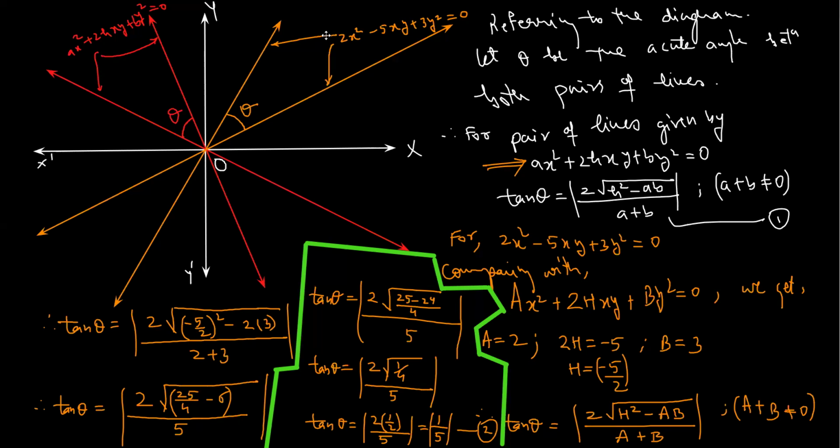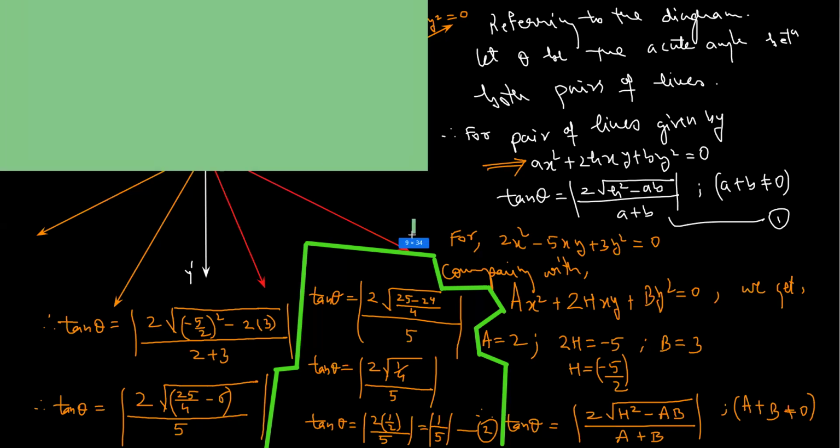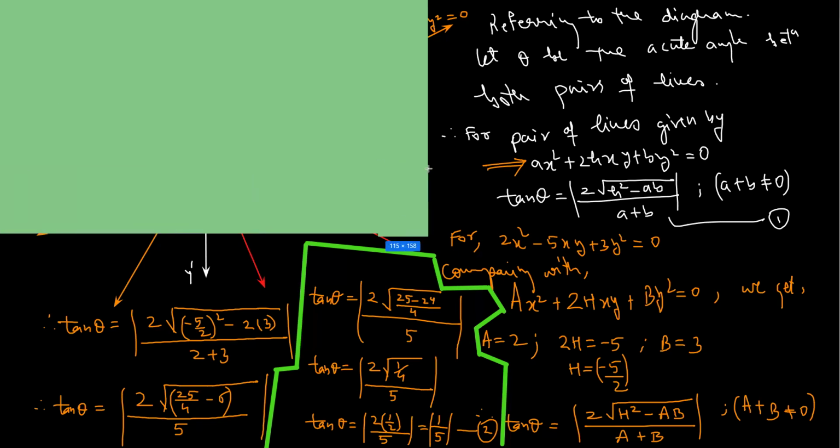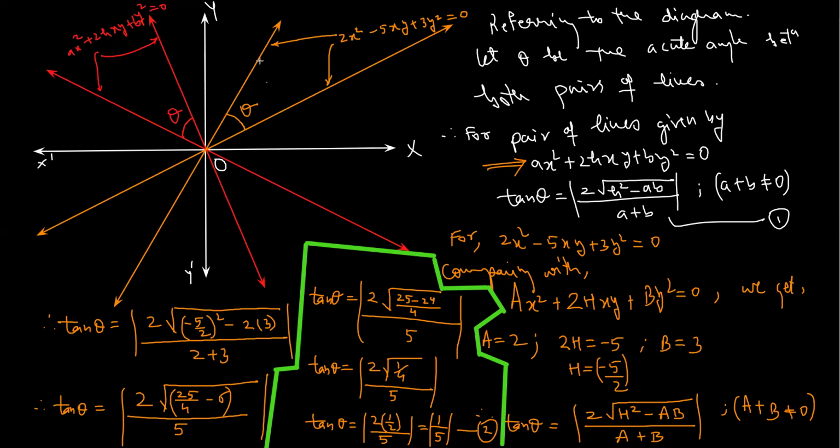So see here, students, after this, the next step is I write from 1 and 2. Because the angle between the two pairs of lines is same, you can check. Between these two pairs of lines, angle is theta, right? And between these two pairs of lines also, angle is theta. See this?